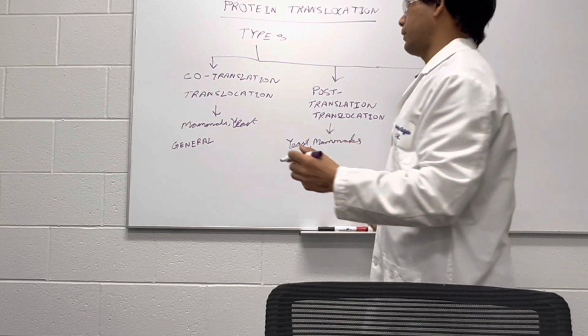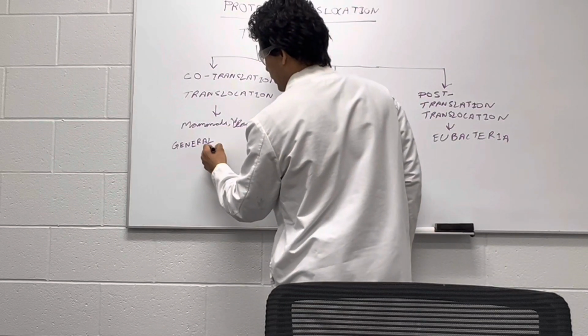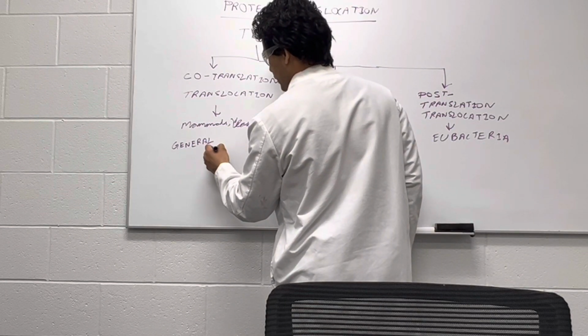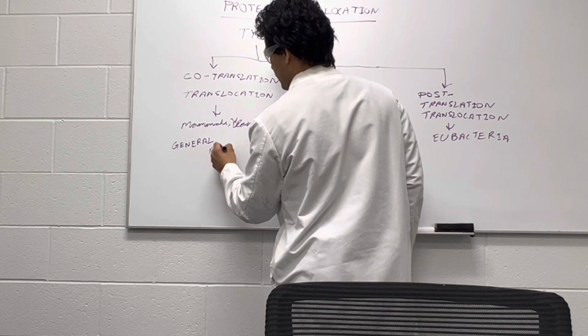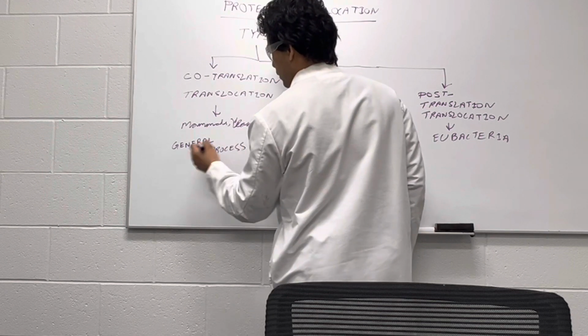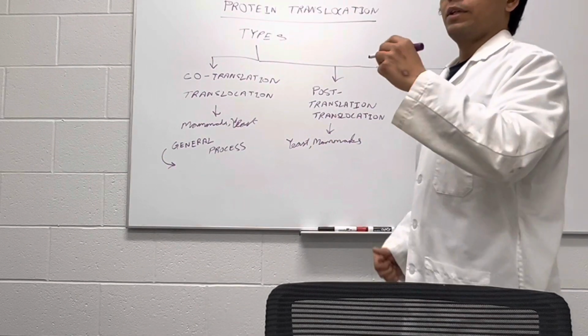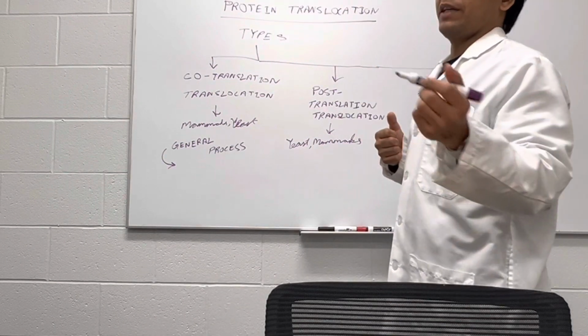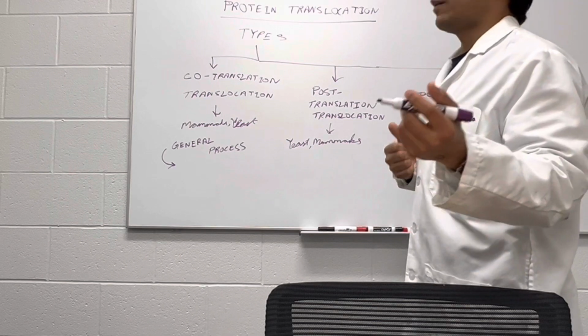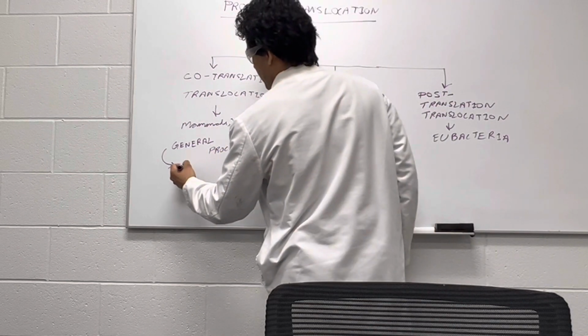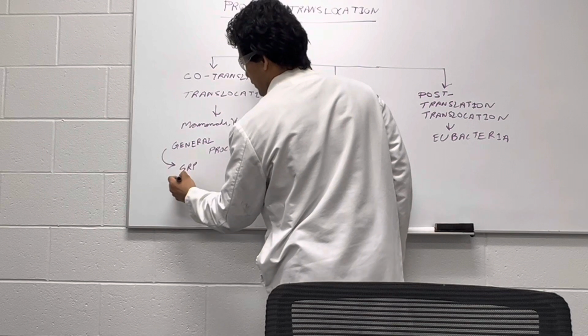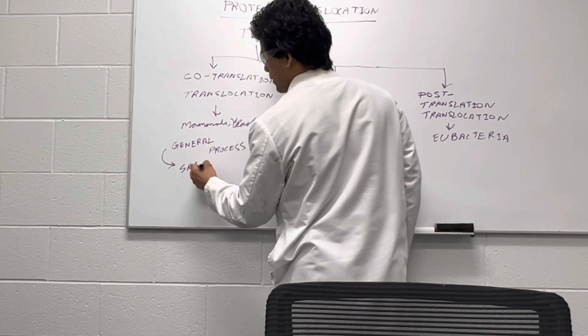the N-glycosylation pathway. This is the general process. So what happens is that those proteins that are destined to move to the membrane, that is inside the ER lumen, have an SRP signal, that is an SRP sequence.